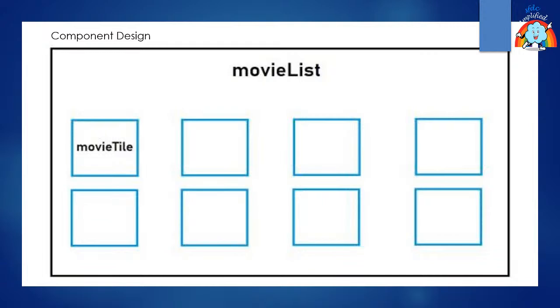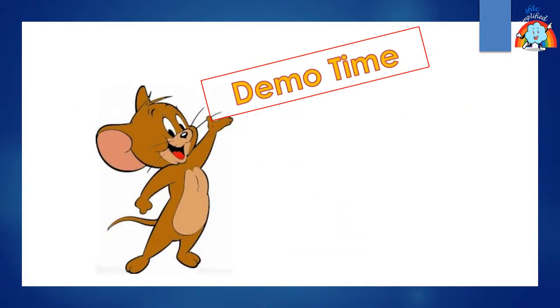That's how the child component is nested inside the parent component. Here we will understand parent to child communication, and also revise the for each directive to understand it clearly. So let's go with the demo.